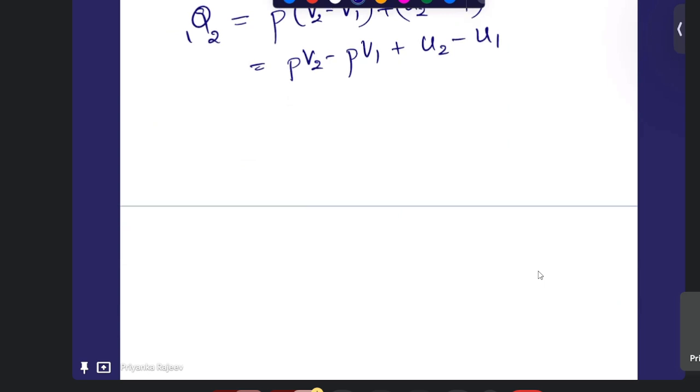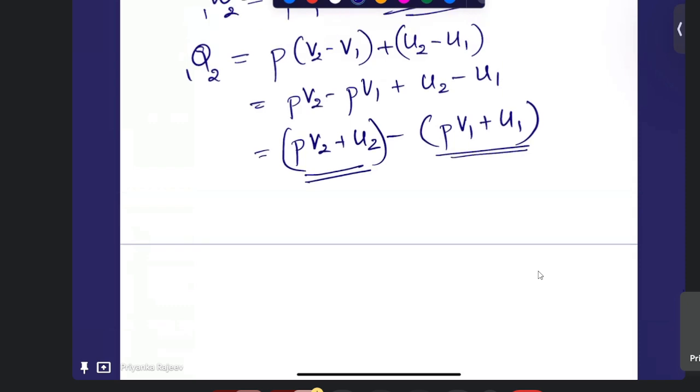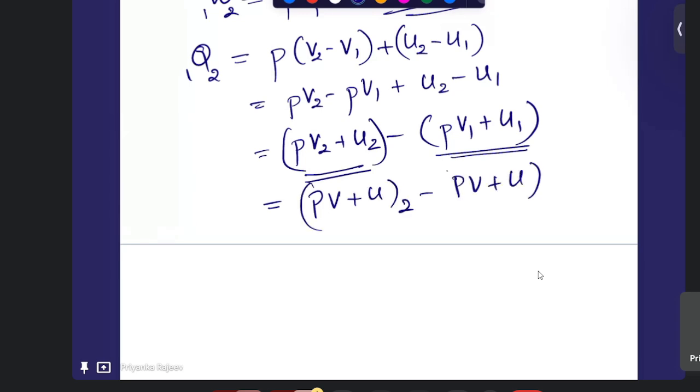Now taking all the subscript 1 and 2 terms together, it becomes (PV2 plus U2) minus (PV1 plus U1). So again you are seeing a quantity changing from state 1 to state 2: state 2 has U plus PV, and state 1 has U plus PV.